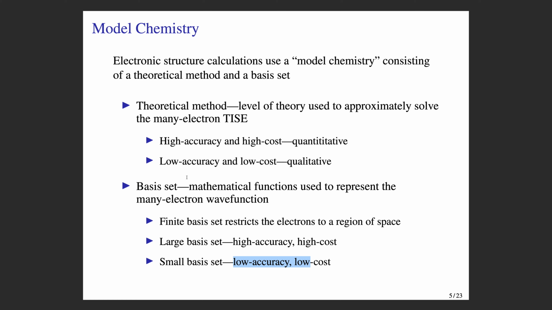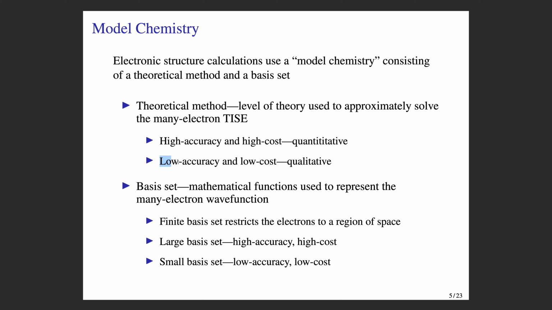So there's two components to the model chemistry. Okay, and both of them affect the accuracy and the cost of the method. Okay, so if you use a high accuracy method with a large basis set, that's going to be a very accurate calculation, but it's going to be very expensive to run.